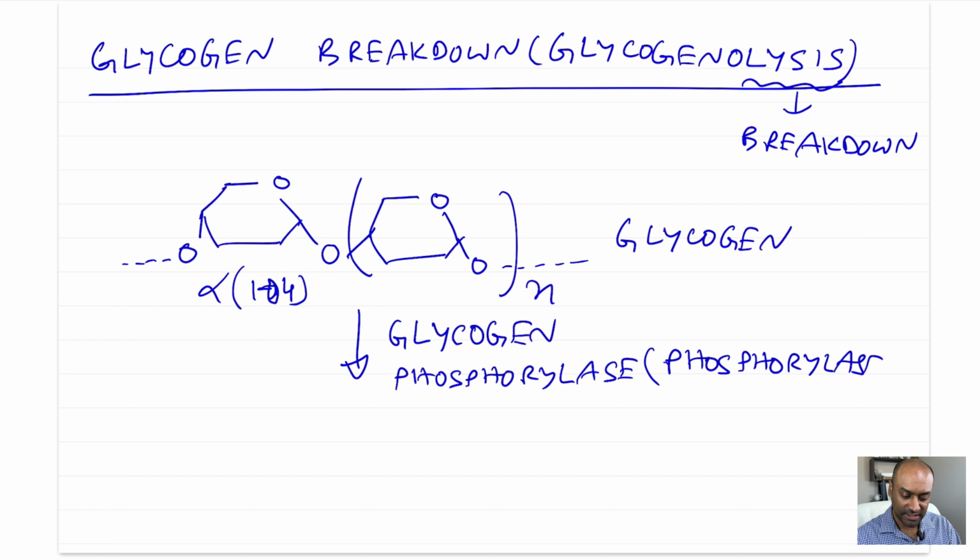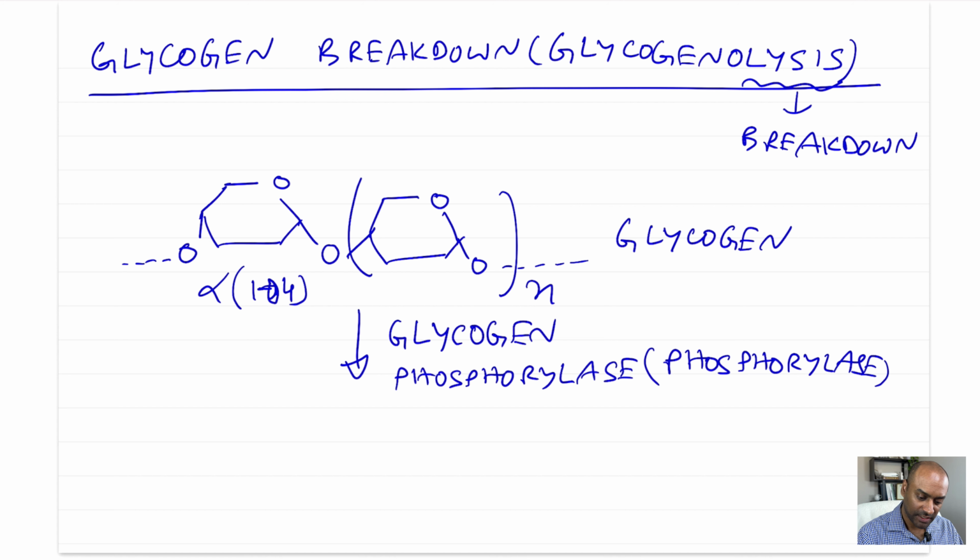As the name suggests, it's a phosphorylase. That means it will use a Pi, or just a phosphate group, which will be the nucleophile, and you would cleave the glycogen chain to make G1P.